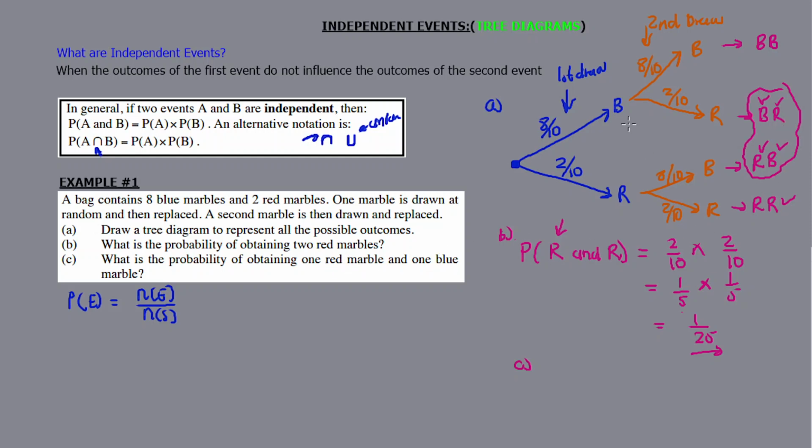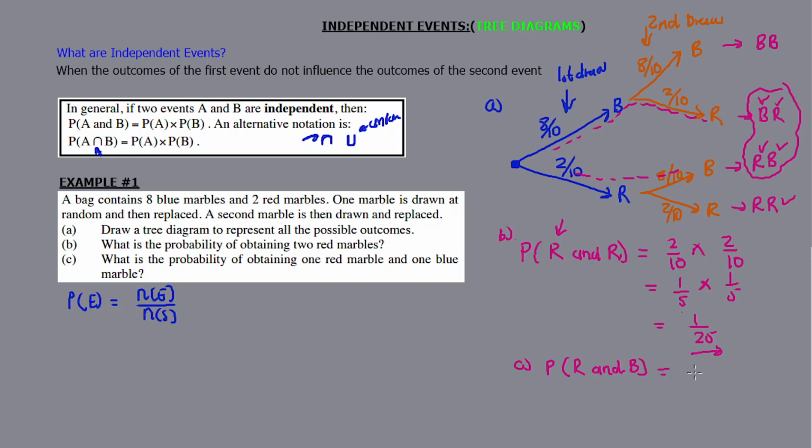So therefore we take this leg as well as this leg. So that means one red and one blue.